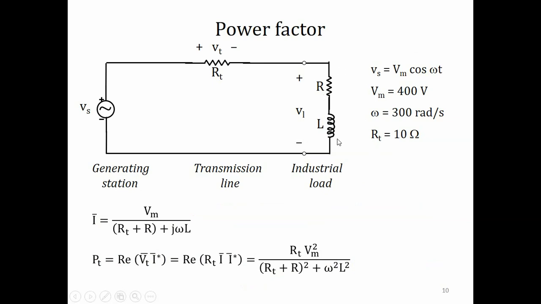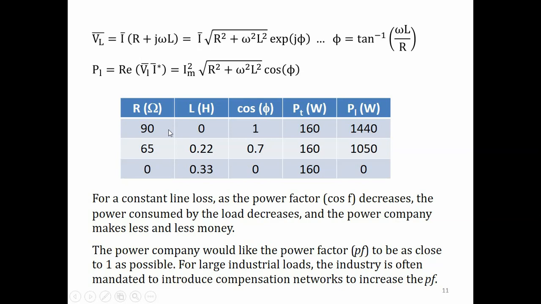So this is a load R and L. There are three rows here. One load is only resistive and it has no inductance. Another industry has a load that is partly resistive, partly inductive. And another industry has a load that is fully inductive, there is no resistor.